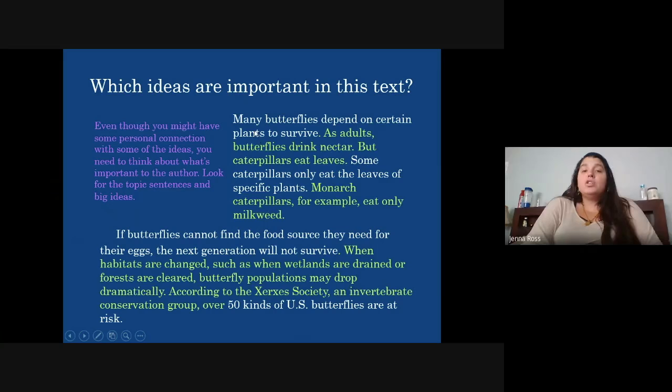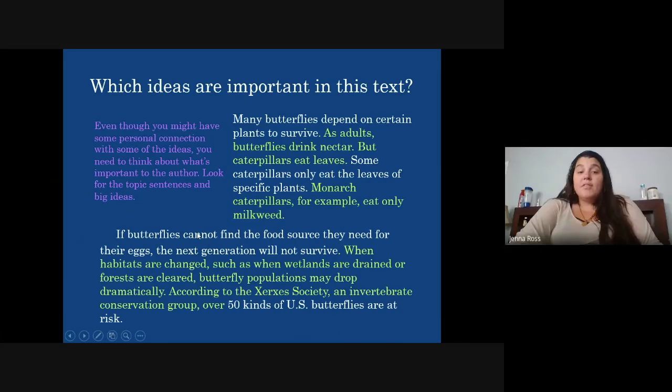The author really wants you to know that many butterflies depend on certain plants to survive. That's very important. And then also that some caterpillars only eat leaves of specific plants. So butterflies and caterpillars really rely on their food source to survive. And they only eat a certain type. So if that plant dies, then they don't have any food.